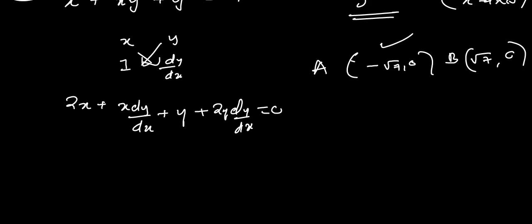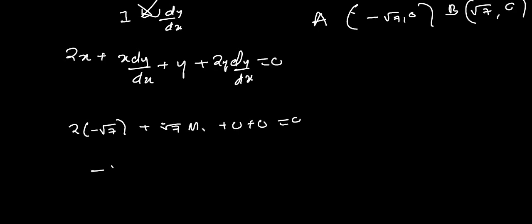So let's check this point first. We'll have 2 times negative root 7, plus negative root 7 times dy dx. I'll call this m1. The y terms are 0, so it's equal to 0. So it's 2 root 7 minus root 7 m1 is equal to 0.